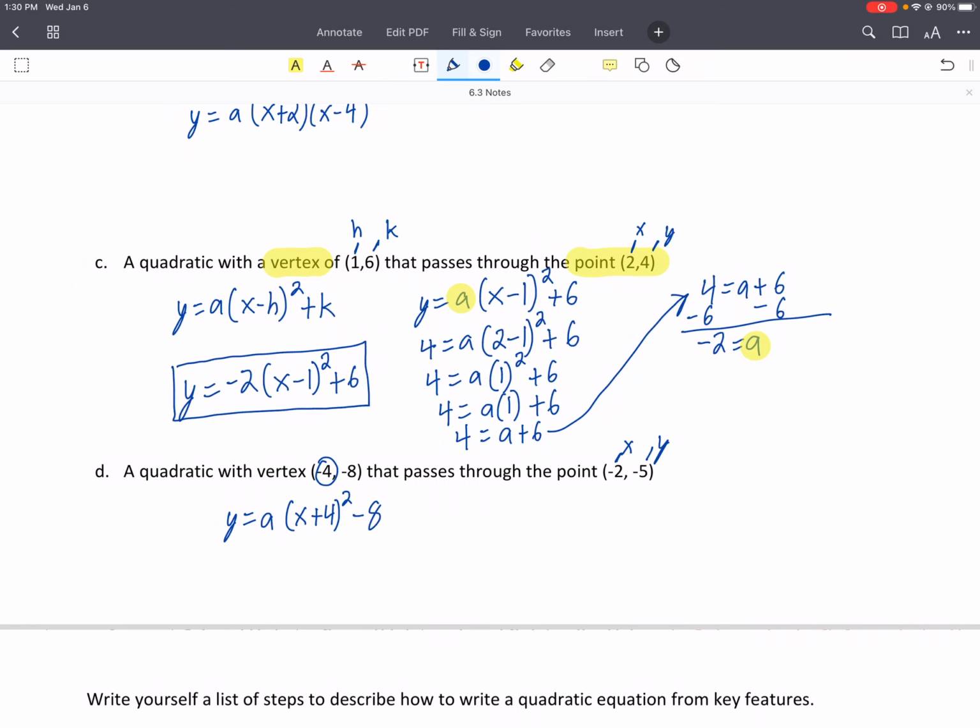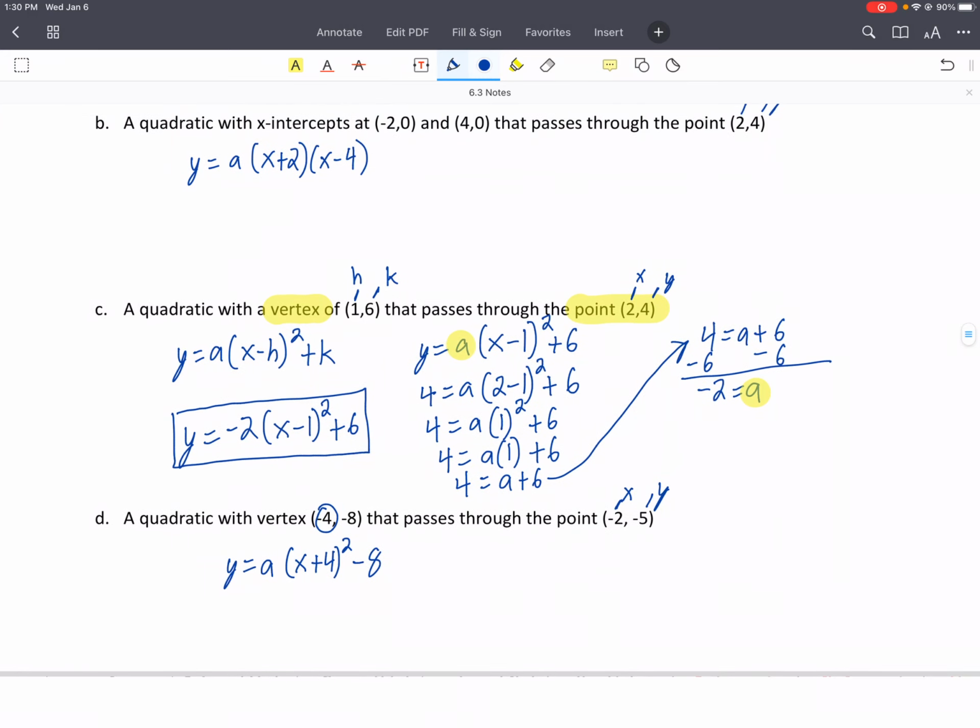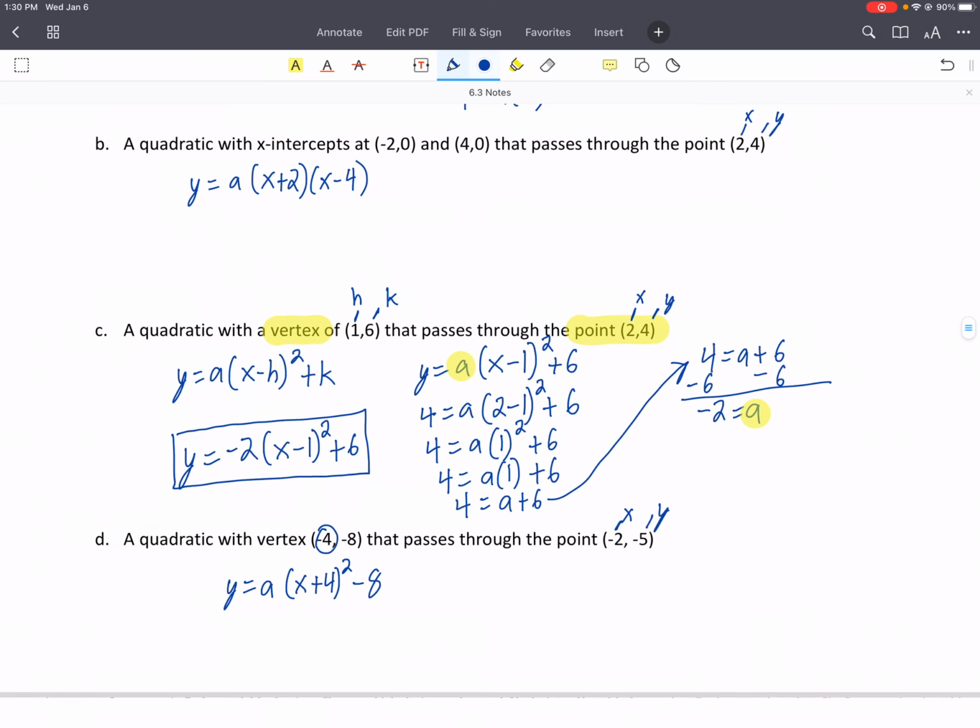While you guys work on that one, I'll finish up B here, so that way you can check your answers. So here we have 4 a times 2 plus 2 times 2 minus 4.